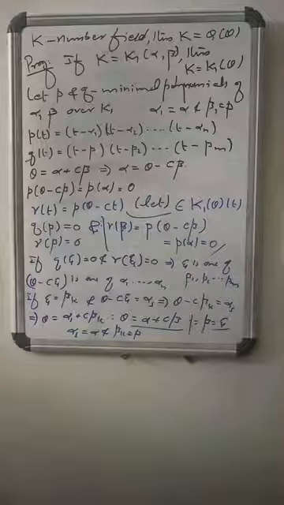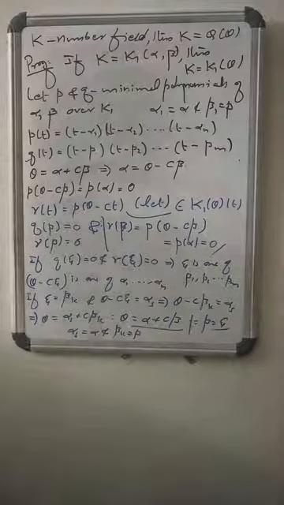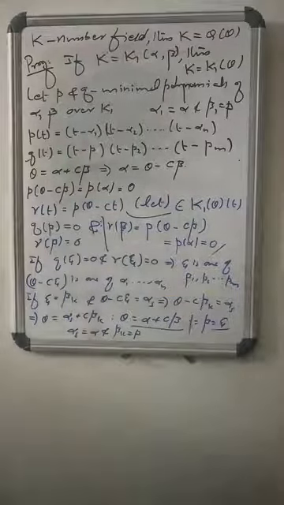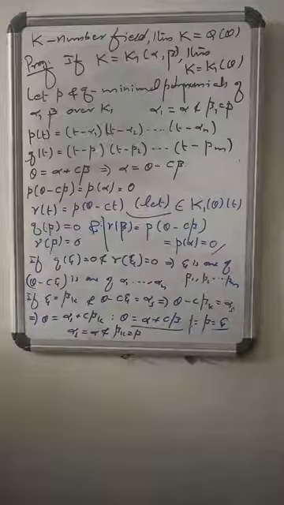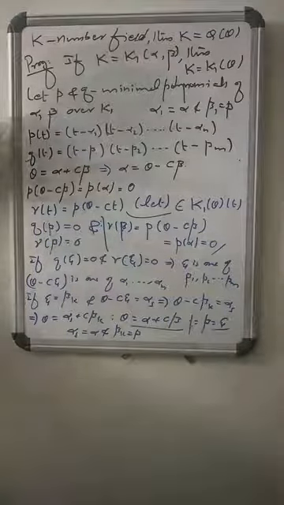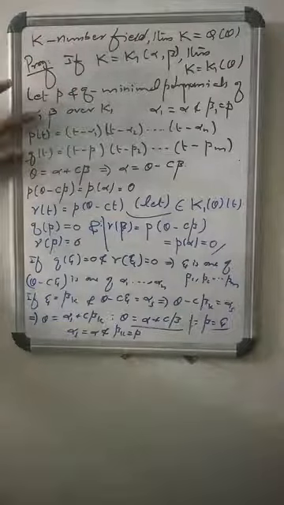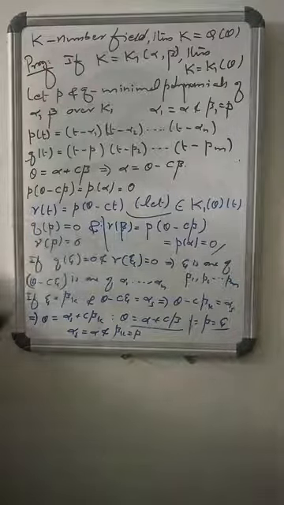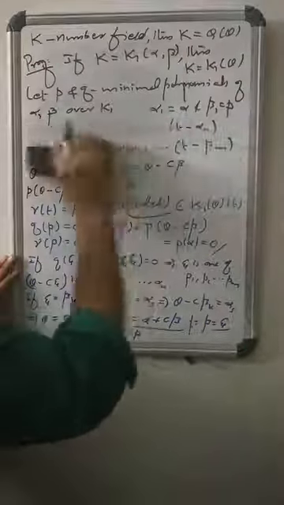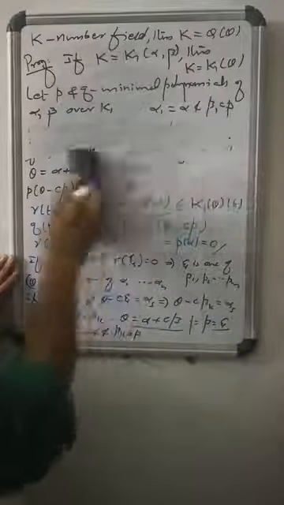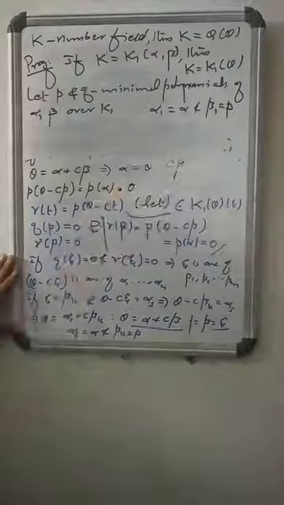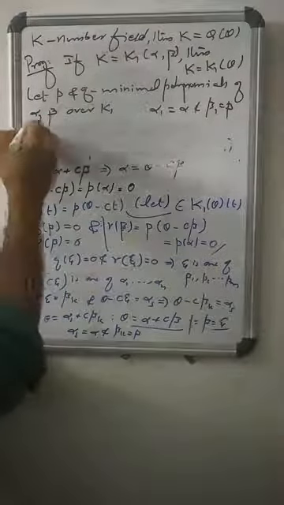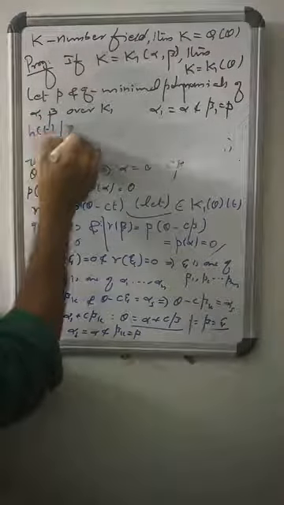So that is beta. Now let h of t be a minimal polynomial of beta over k1. Since Q is the minimal polynomial of beta over k1, this h of t must divide Q of t.